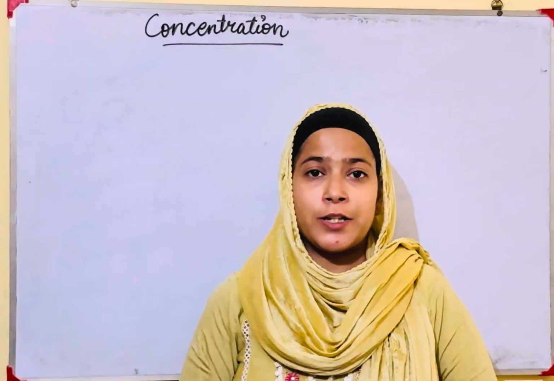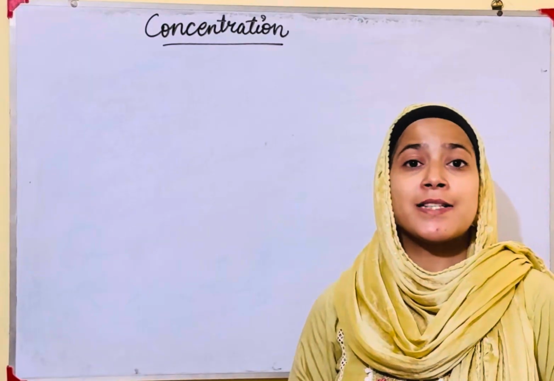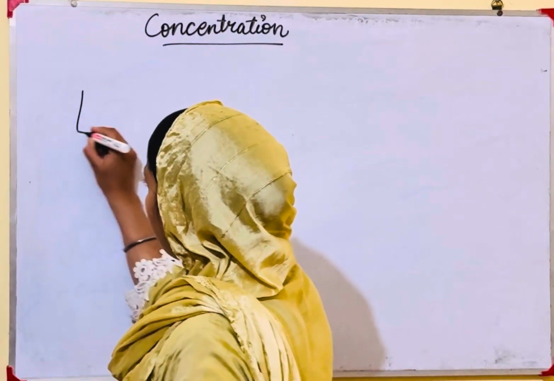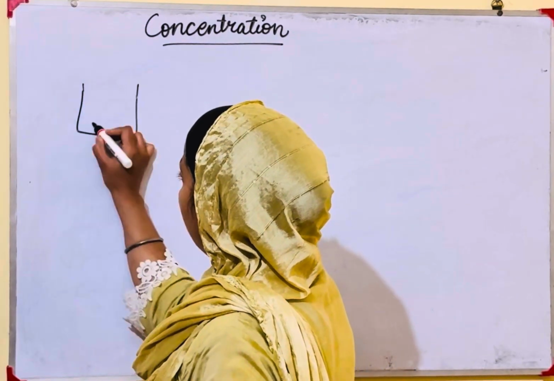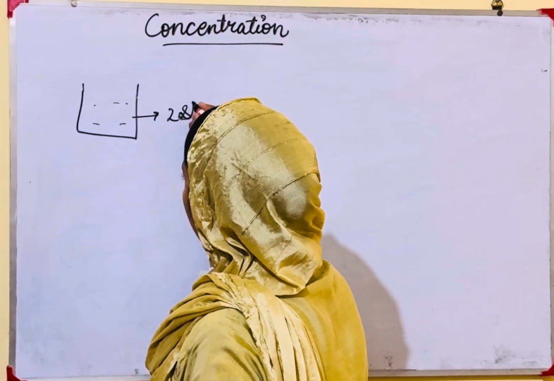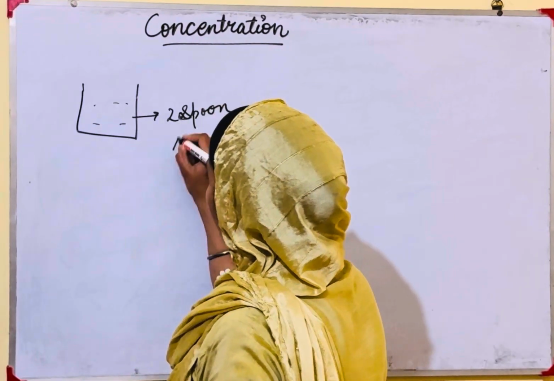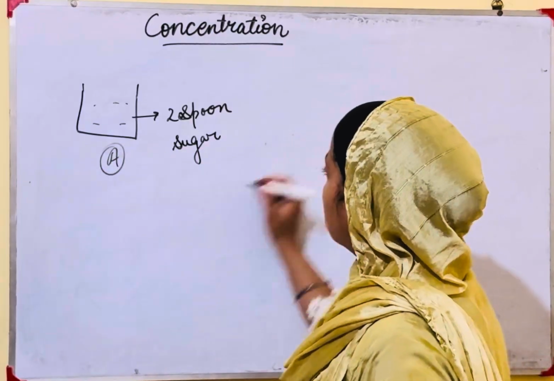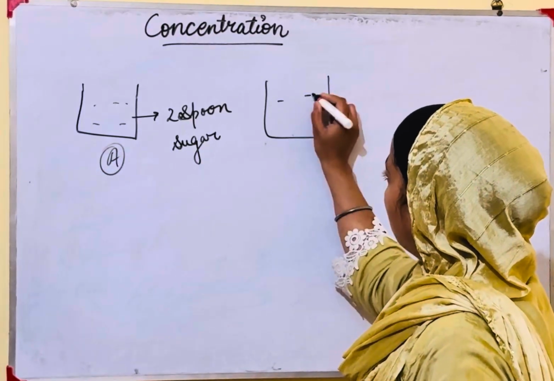Let's proceed further. There is another term, that is concentration. Now what is concentration? Consider an example. This is a beaker. In this beaker we have taken 2 spoons of sugar. And here is another beaker.